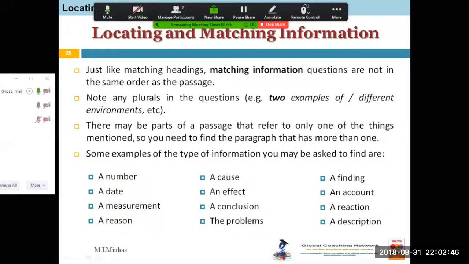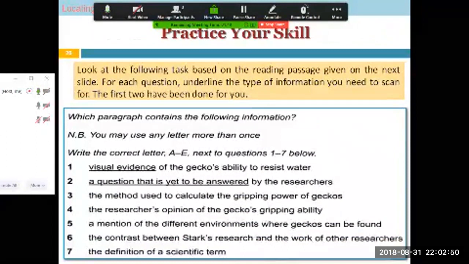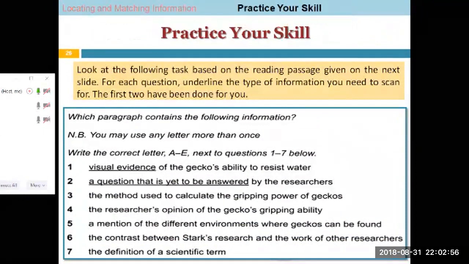Now we will move to our exercise. Before we jump to the paragraph, there's only 1 minute 45 seconds left. During this time, I want you to look at the list of information first. Then we will go to the paragraphs and find the answers.